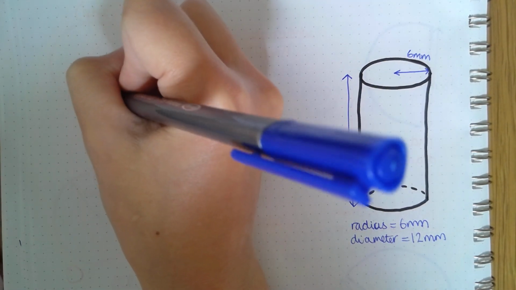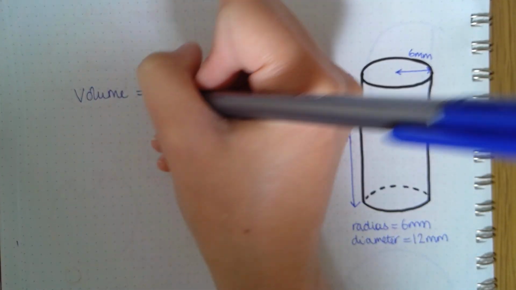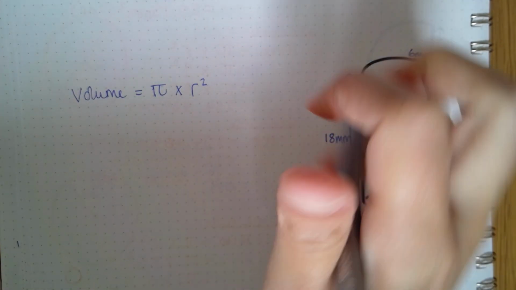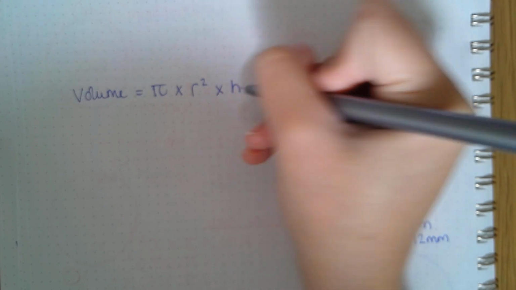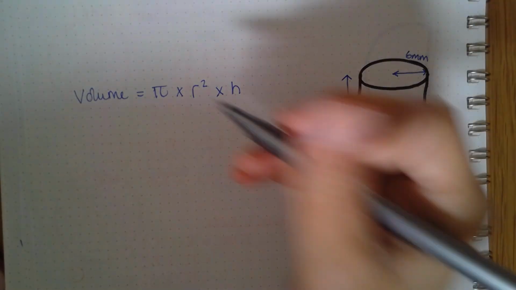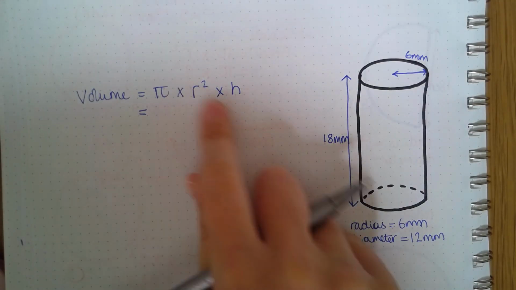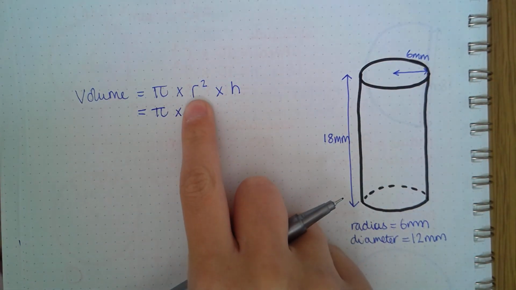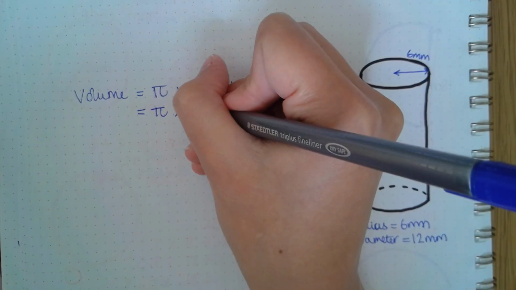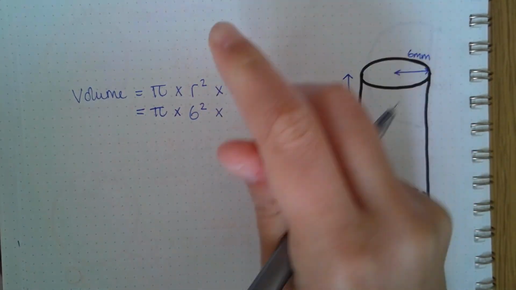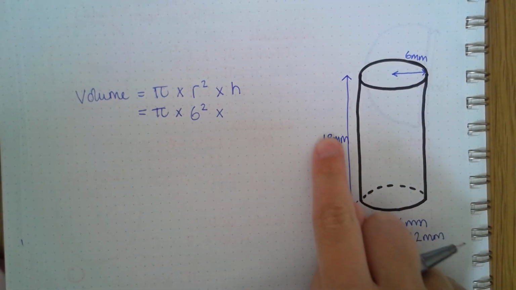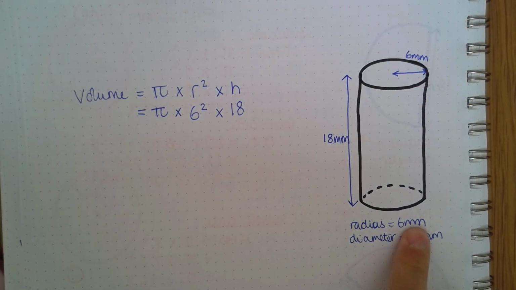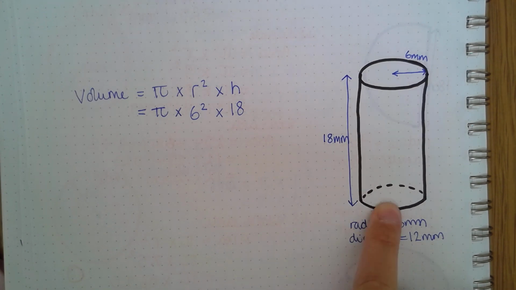So volume equals pi times r squared, that's the circle on the top, times by h, how far it travels down. Then I can start putting my values in. So pi stays the same because it's a number, times r is 6, so 6 squared, times h, the height is 18 millimeters.